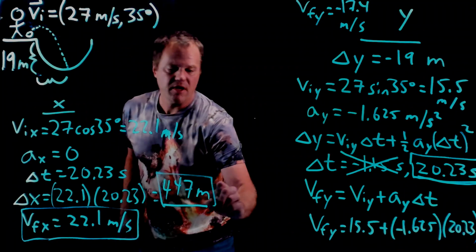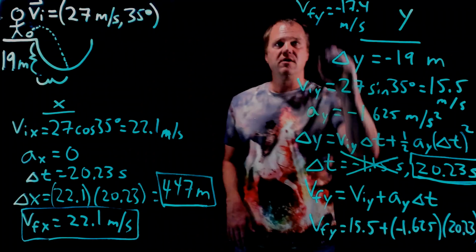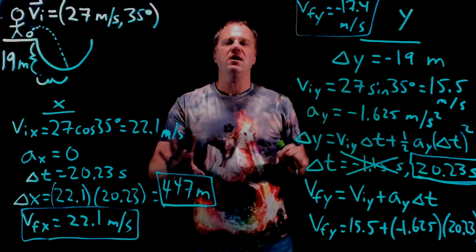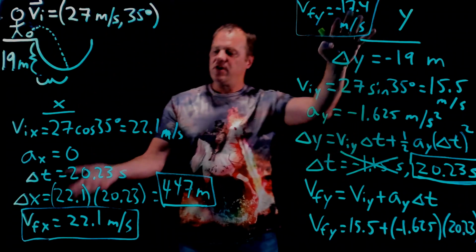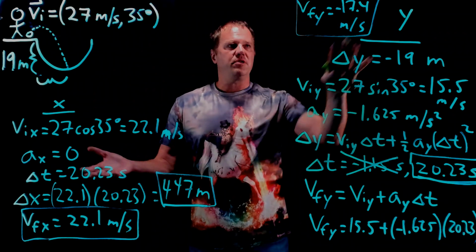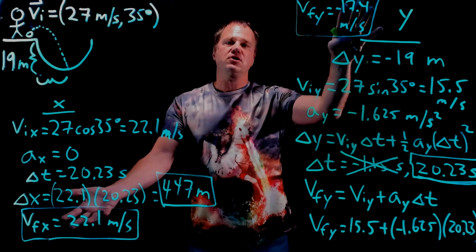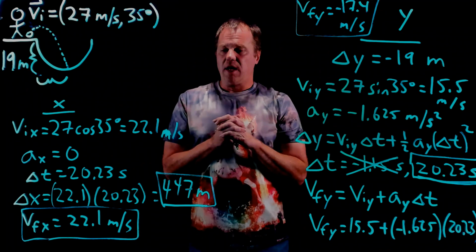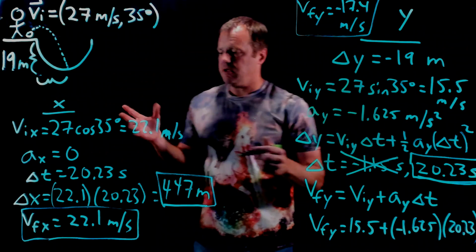I have the time, I have the x and y components of the final velocity, I have the displacement. Another thing you could do is calculate, just using vector arithmetic, convert these x and y components back into a speed and direction. So I'm going to skip over that.